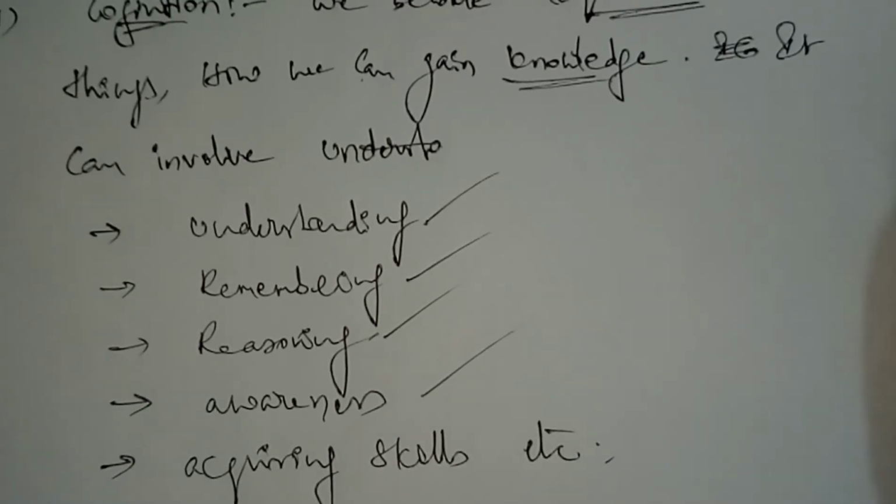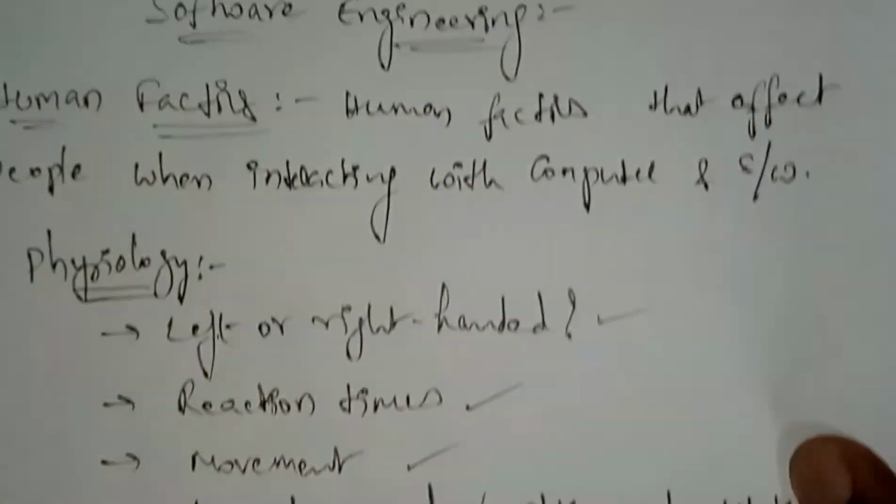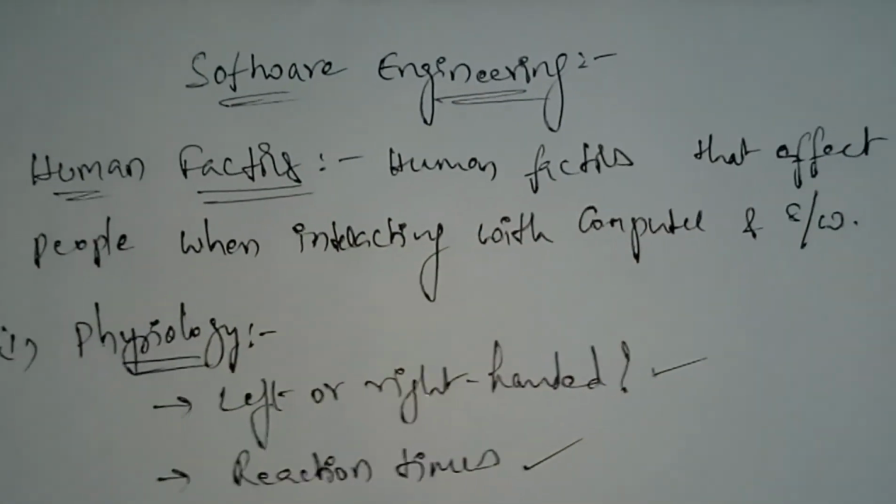And the next one is perception. What is perception? This is another human factor, the third one.